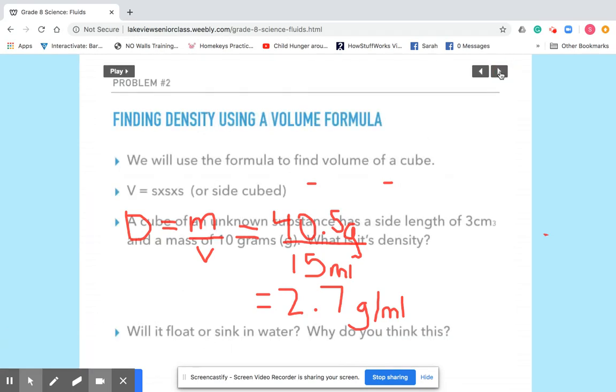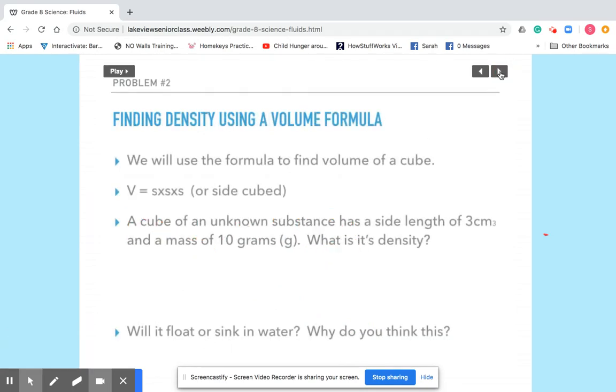Okay, we're going to move on to density problem number 2. And for this problem, we're actually going to be finding density, but we're going to be using a volume formula. And we're going to be using the volume formula for a cube. You could use the volume formula for a rectangle.